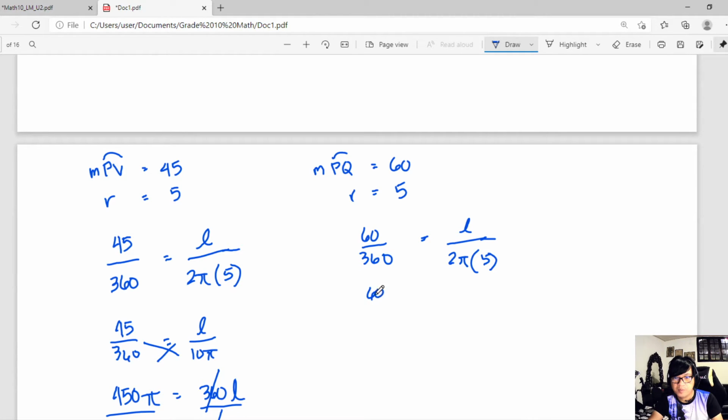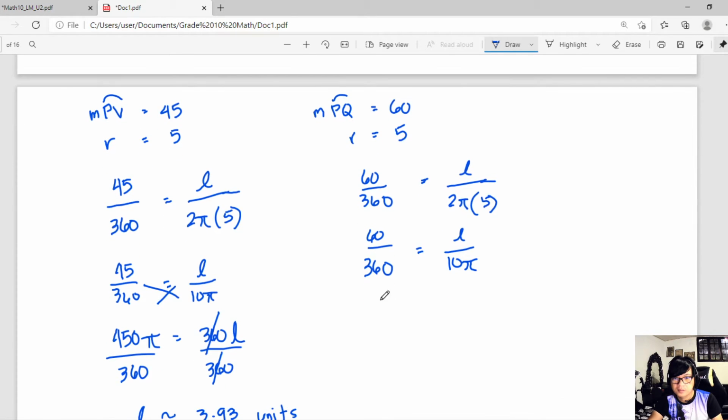We can just copy that. L, so this is 10 pi. So 60 times 10 is 600 equals 360 times L. Now, divide both sides by 360.